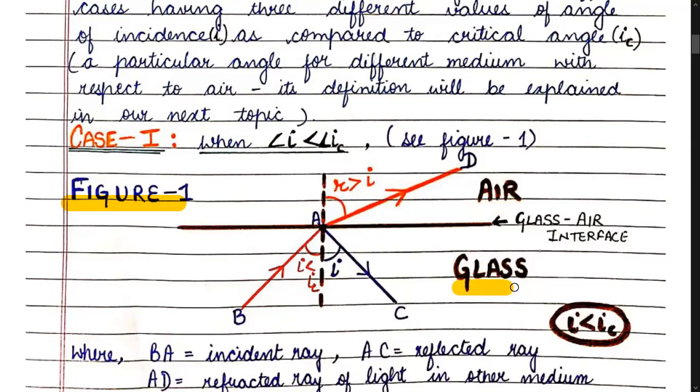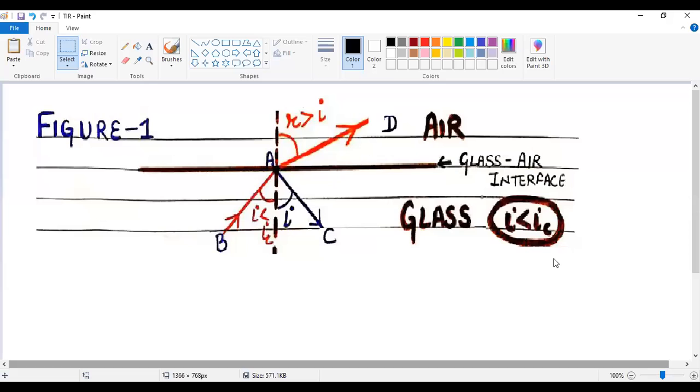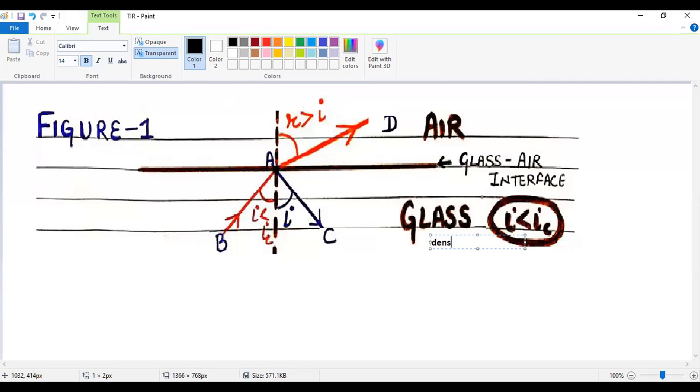So glass will act as a denser medium, while air will be acting as rarer medium. So students, see here, glass is acting as denser medium because its refractive index is more than that of air. So air is acting as rarer medium.